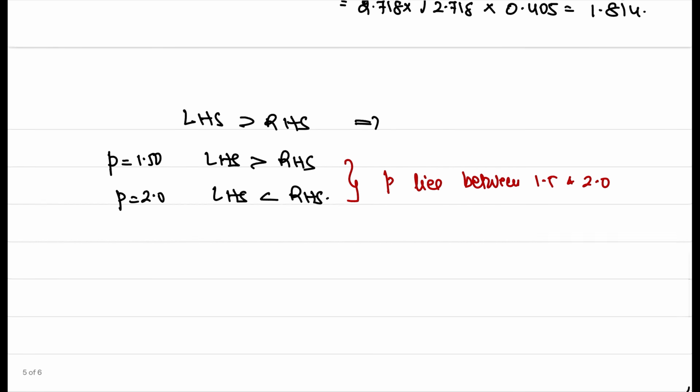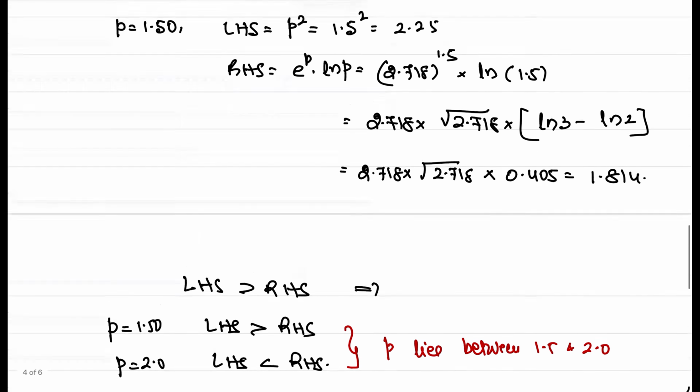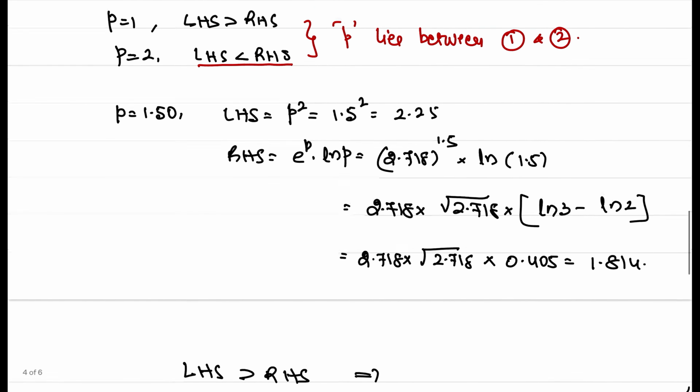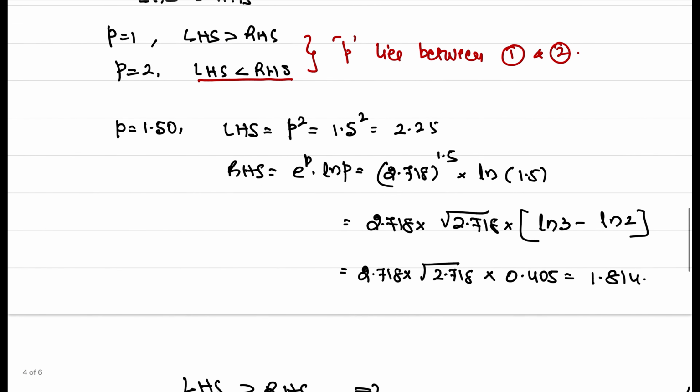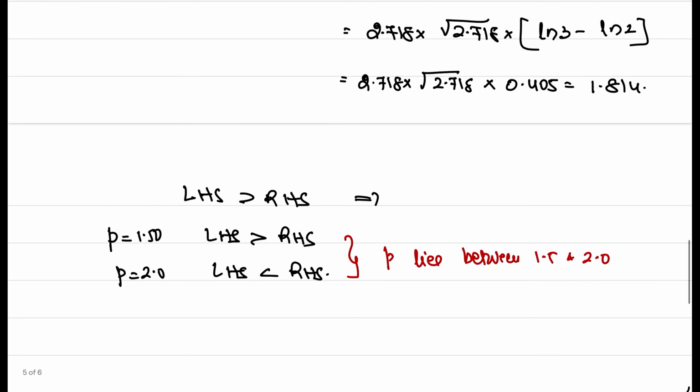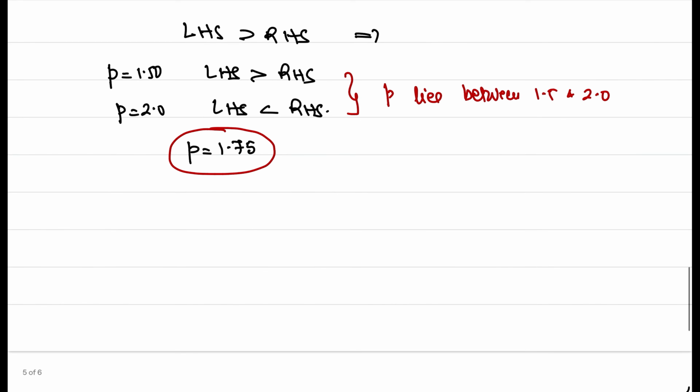Then let us say this is 1.814, this is 2.25, and 1.5, 2. Let me say P is equal to 1.75. Beyond that, let's not do, because we are doing without a calculator. Let us stop it here.